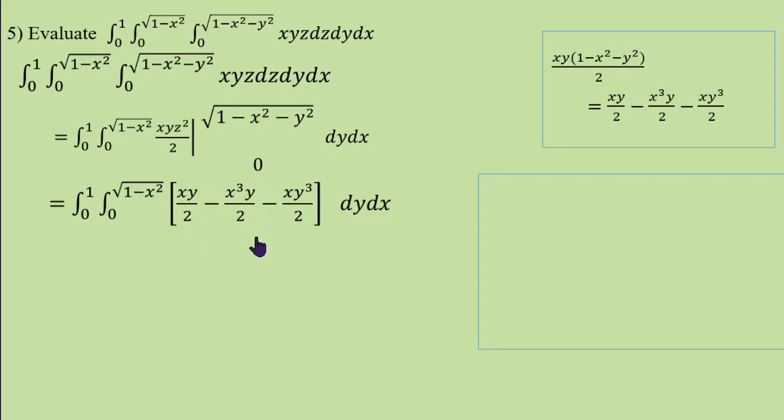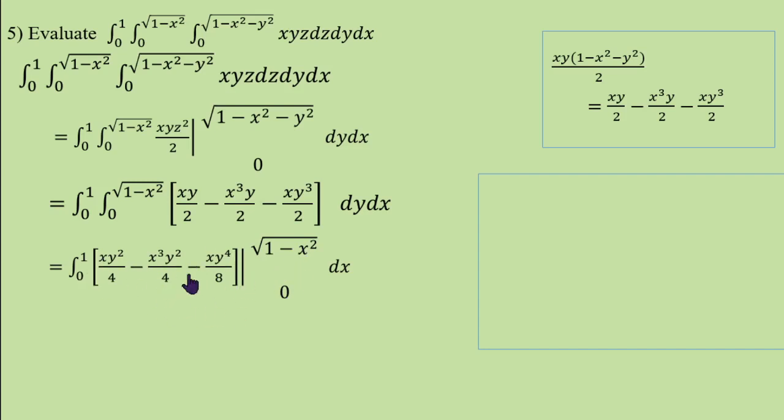Here also y square by 2, and here y power 4 by 4, and hence the integral of this is integral 0 to 1 of x into y square by 2 into 2, 4, minus x cube y square by 2 into 2, 4, minus x y power 4 by 2 into 2 into 4, that is 8, and the limit of y is 0 to root 1 minus x square.